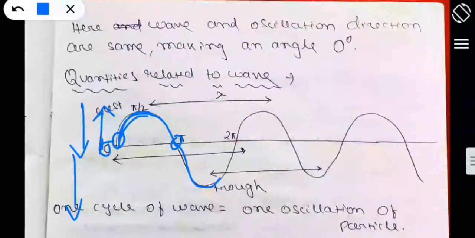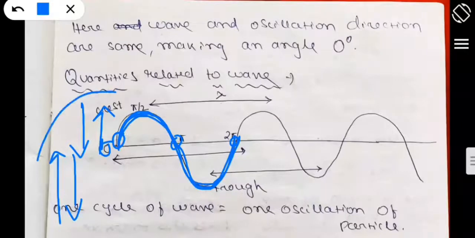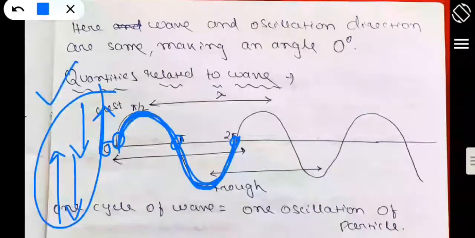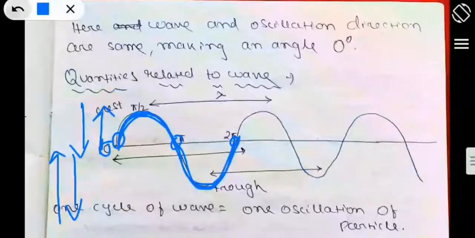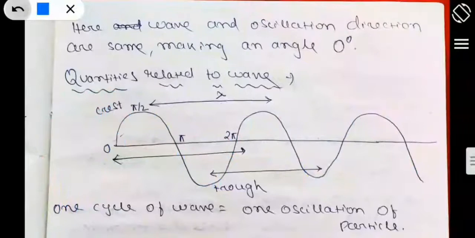Then again when it reaches the 0th position, this is known as the full cycle of your wave, the full cycle of oscillation. So one full cycle or one complete oscillation is equal to one full wave. And this will repeat again, crest, trough, like this. So these are the quantities, or you can say this is the complete phenomenon.